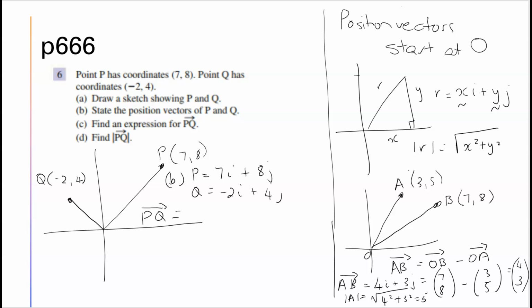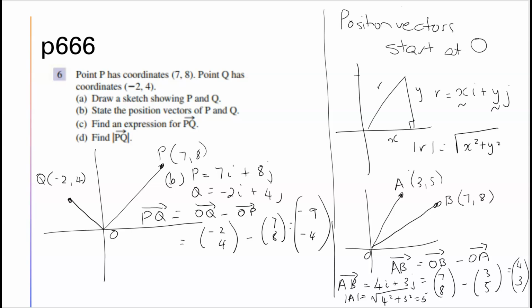And PQ is OQ minus OP. And that's negative 2, 4 minus 7, 8. Okay, that's negative 9, negative 4.